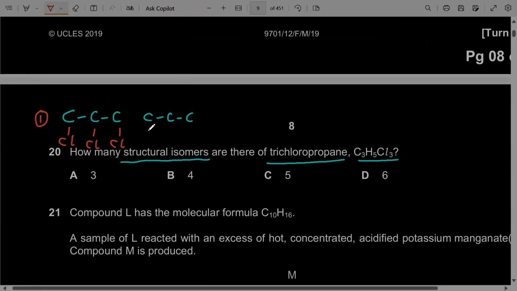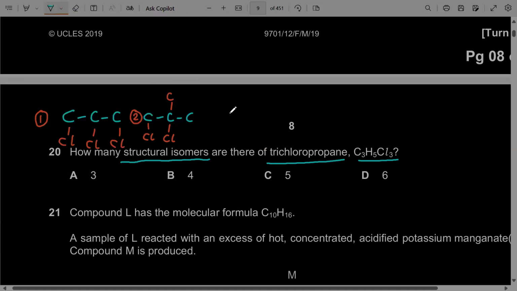The left carbon will have 1 chlorine, the central carbon will have 2 chlorine atoms, and the right carbon will have no chlorine. This is my second isomer.